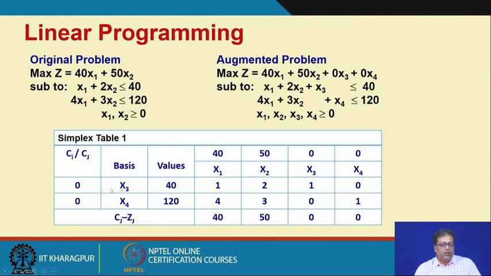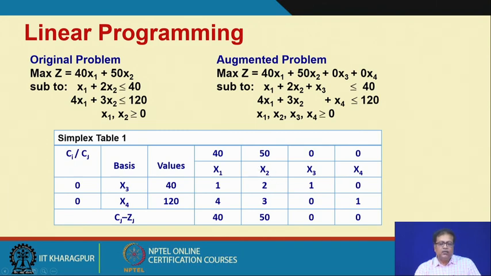So, the total cost of making 1 unit of x1 will be, you give away 1 unit of x3 and 4 units of x4 at a cost of 1 into 0 plus 4 into 0. So, 0 cost, and 40 is your per unit profit. So, Cj minus Zj is the net profit per unit of x1, which is 40, and 50 is the net profit per unit of x2, right.